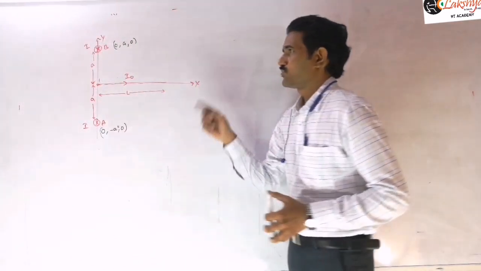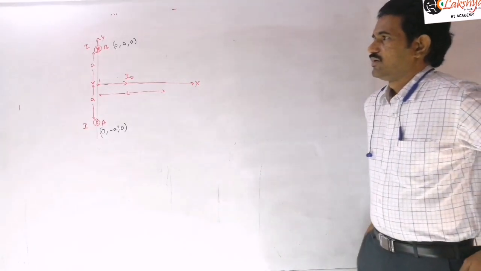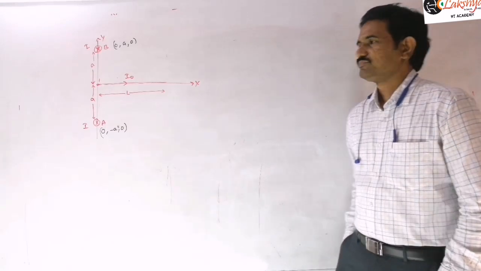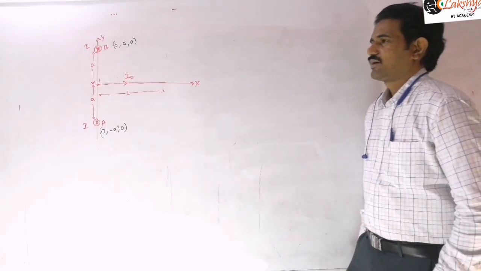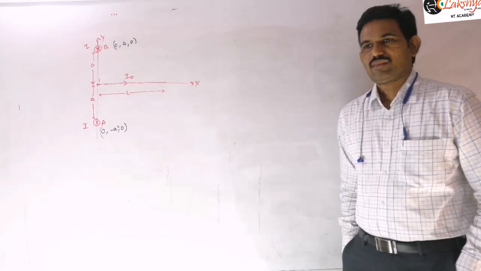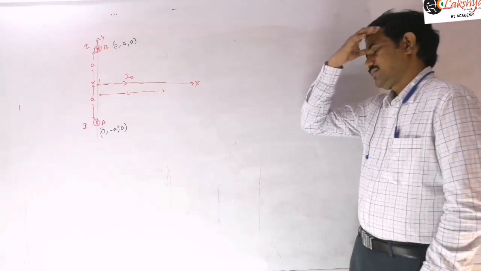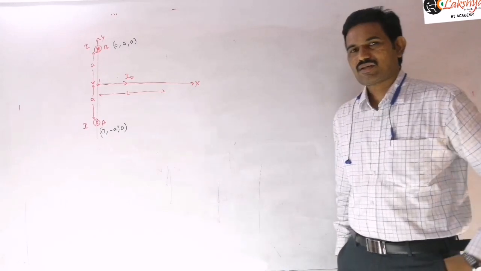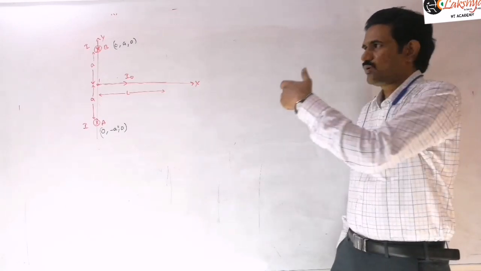Write those two points, (0, a, 0) and (0, minus a, 0). Current in each wire is I, flowing in the same direction as shown. That means into the plane, you can say along the negative Z direction.